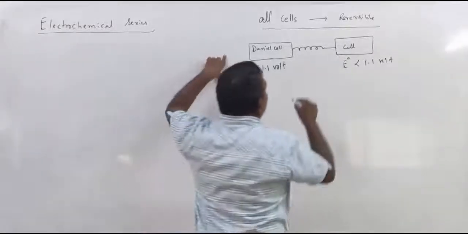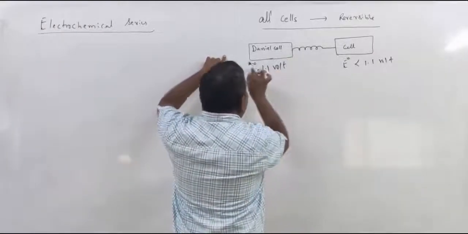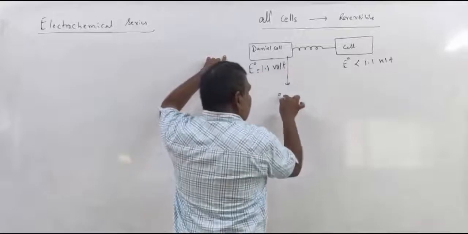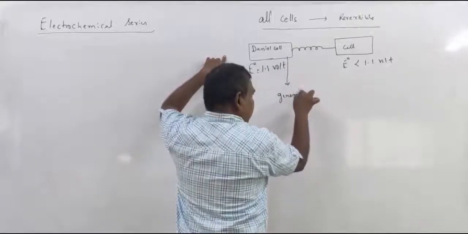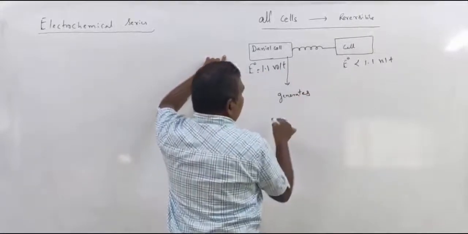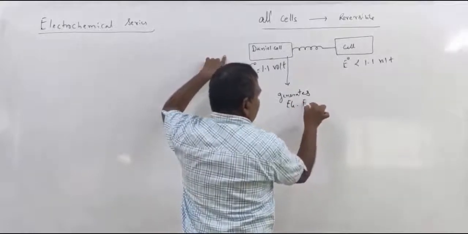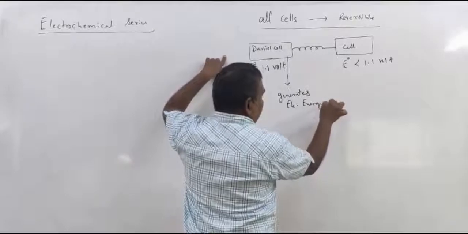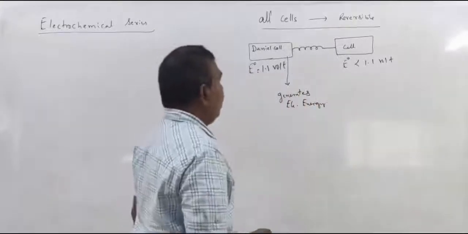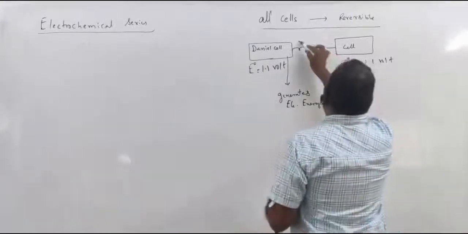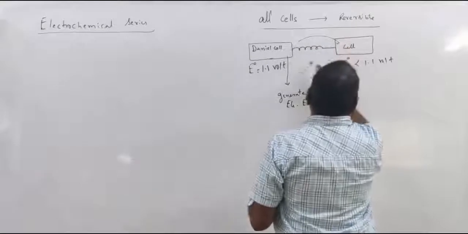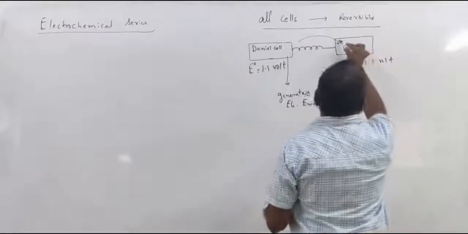Therefore, this battery generates or produces electrical energy, and the current will enter into the cell.